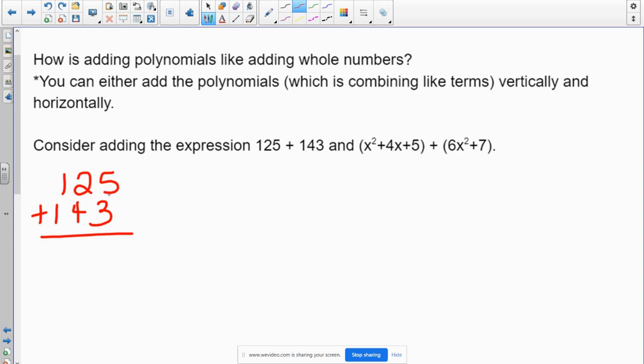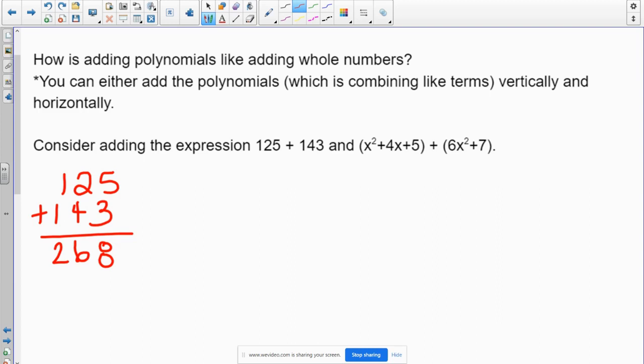So the 5 and 3 are in the ones place, the 2 and 4 in the tens, and the 1 and the 1 are in the hundreds. And then you just go ahead and add them. So 5 plus 3 is 8, 2 plus 4 is 6, 1 plus 1 is 2, and of course your sum is 168.